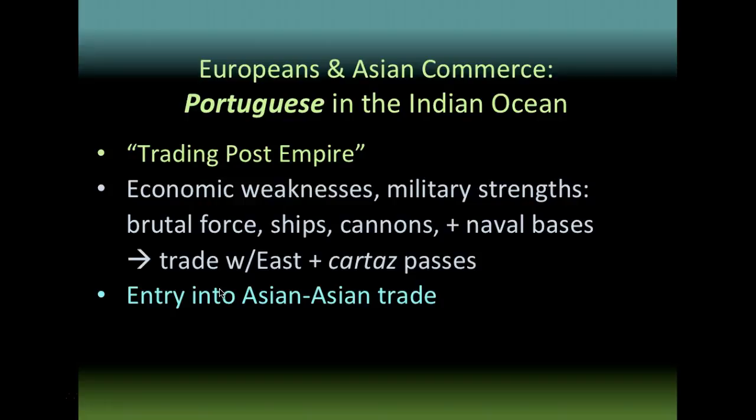They made more money in that way. So they stopped sending stuff back to Portugal for the most part and focused on Asian trade again with these Cortez passes. This Portuguese trading post empire declined over the years, and eventually after 1600 was replaced with other European powers.